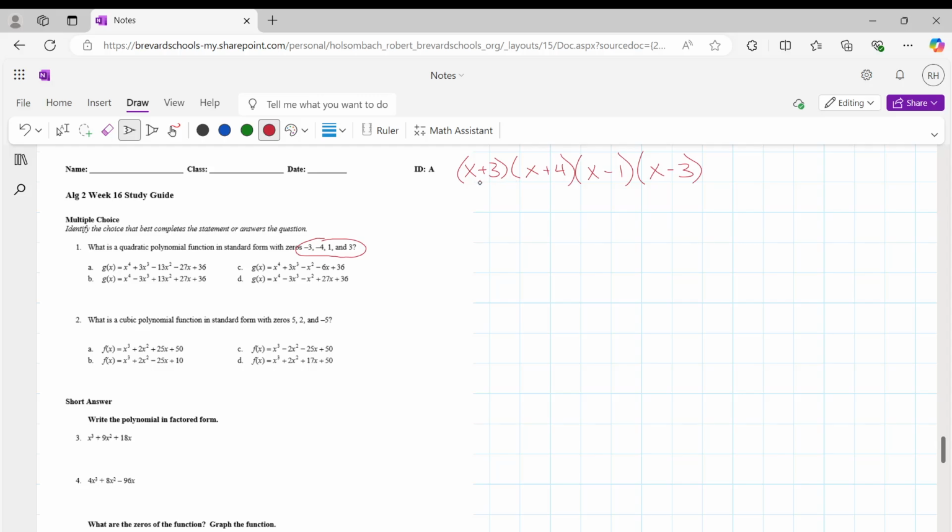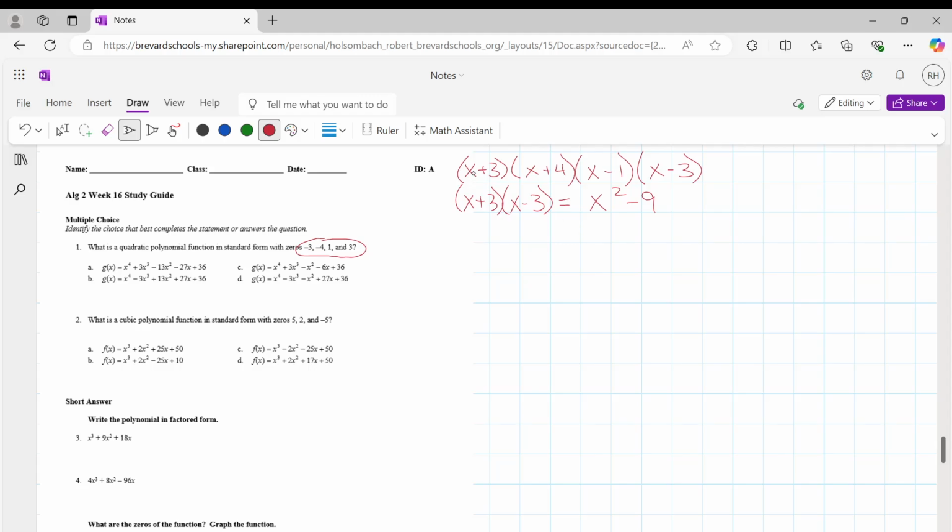Now, what I would recommend when you see four binomials here is a shortcut. If you take the x plus 3 and the x minus 3 and pair those together, x plus 3 times x minus 3, that will produce a perfect square, and the perfect square that it produces is x squared minus 9.